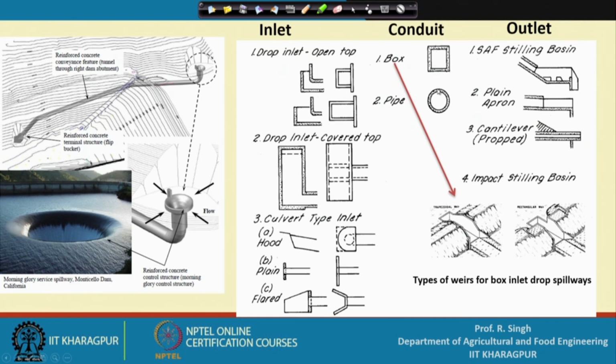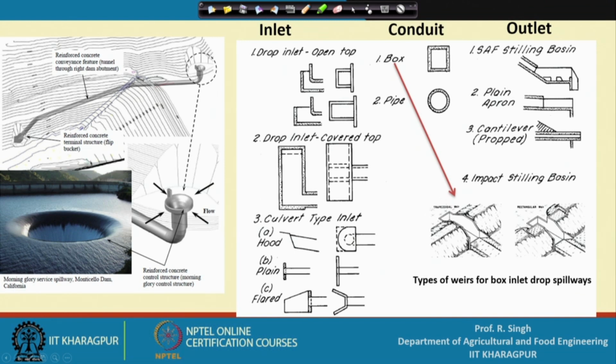The conduit can be of two kinds: one is a box conduit and another could be a pipe conduit. The cross sectional shapes are provided here from the plan view. Since it is a box entrance, the box is created, and then the pipe structure, which is a circular structure.